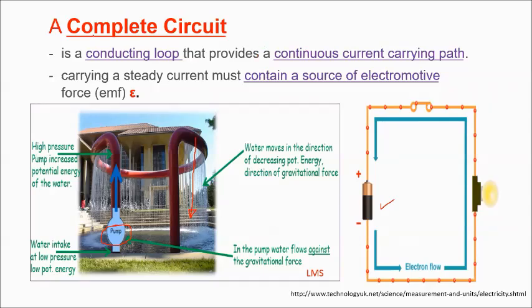Again, a complete circuit should contain a source of EMF. The purpose is to bring the electrons back from lower potential energy to higher potential energy, like in our artificial waterfalls.